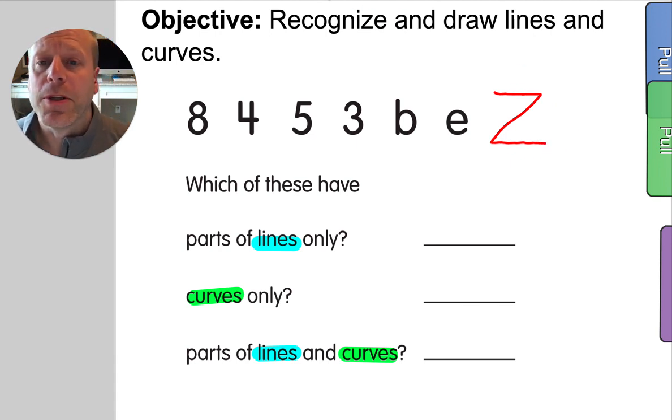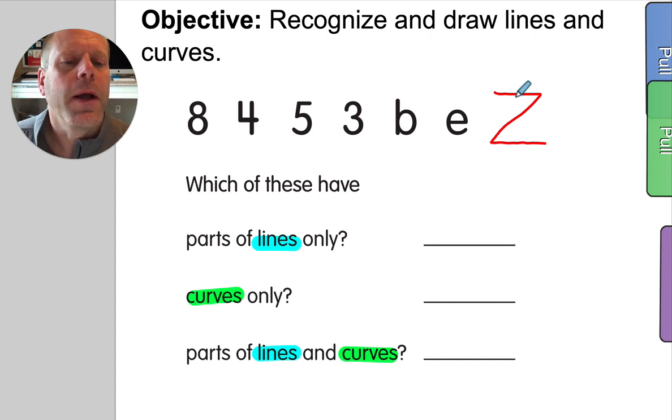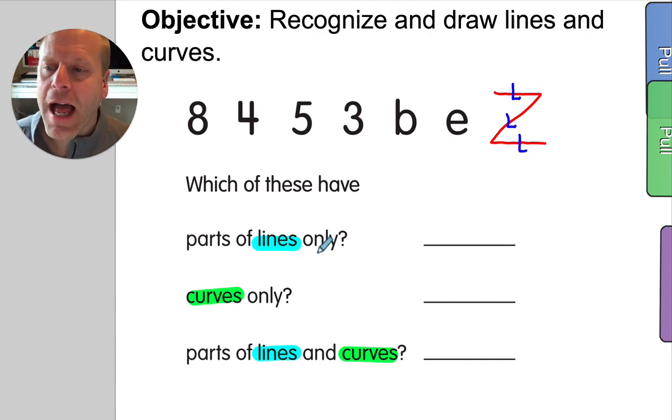And I probably should have done that in a different color, but I'm going to say line, line, line. Z's are made up entirely of lines only. So I could put a Z right here as being, it's only made out of lines.